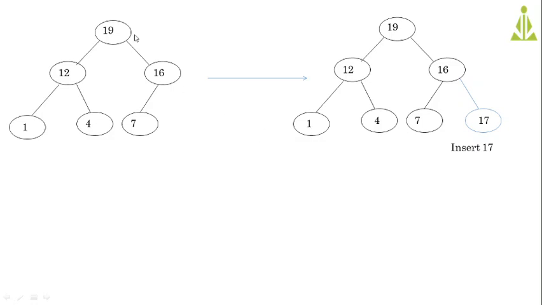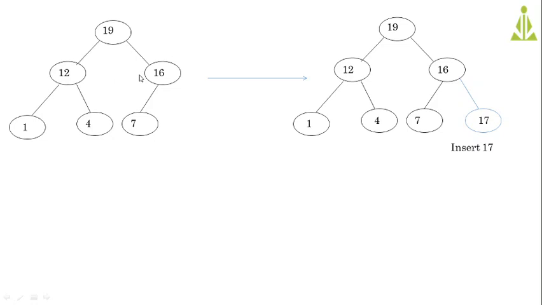Is it a min heap or max heap? Remember, whenever we are getting the highest value at the top, that is a max heap. Whenever we are getting the minimum element on the top, that is a min heap. So we are performing the max heap.